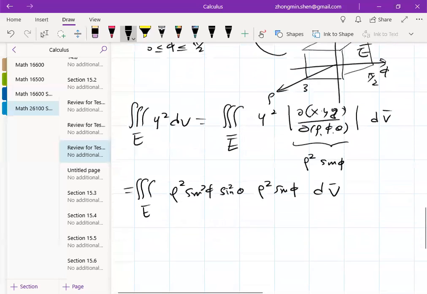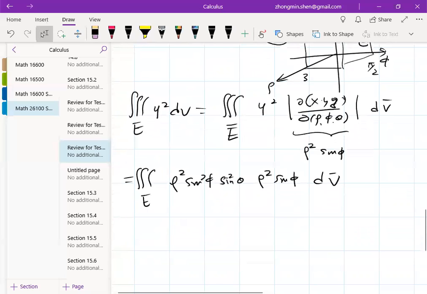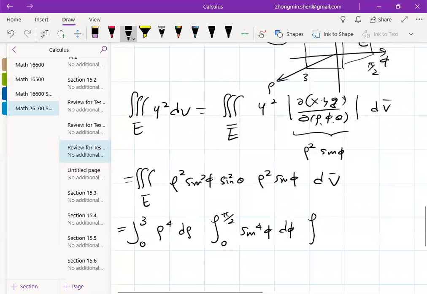Now you can have separate terms, because all those are not mixed up, just a product of functions of each variable. So rho is from 0 to 3 of rho to the 4th power, another one is from 0 to pi over 2 of sine cubed phi, and then sine squared theta from 0 to 2 pi d theta.